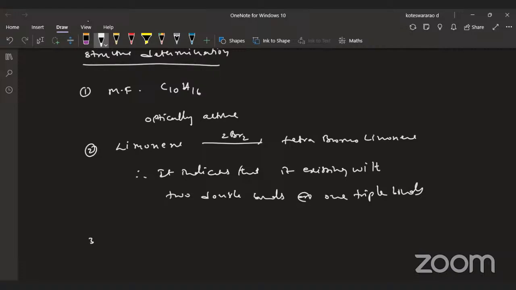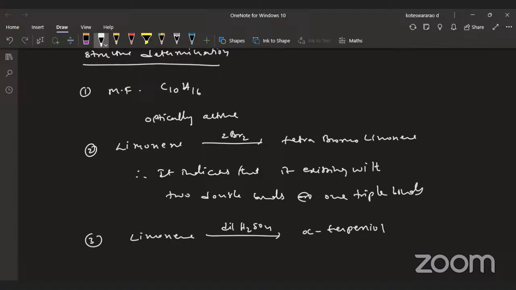Next, the third one. Limonene is treated with dilute H2SO4, which leads to the formation of alpha terpineol. Therefore, it indicates that limonene is a 6-membered monocyclic compound with a methyl and an isopropyl group in a 1,4 relationship.